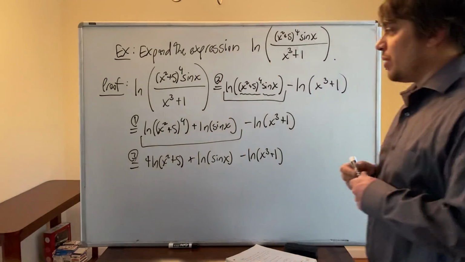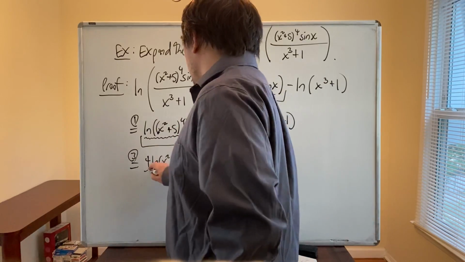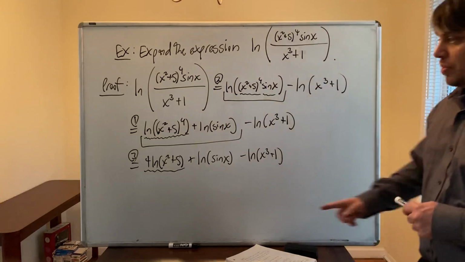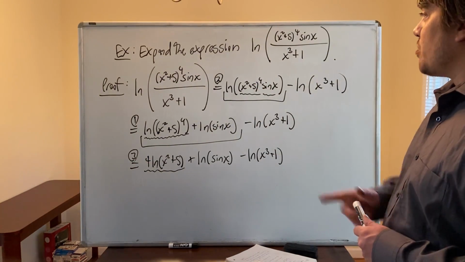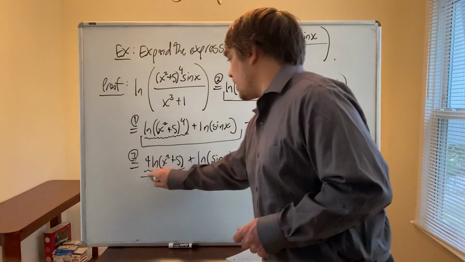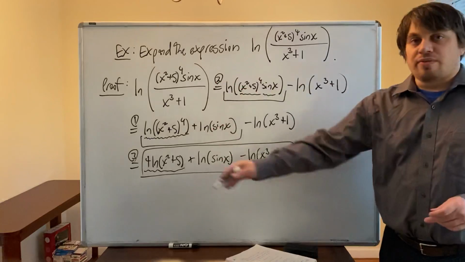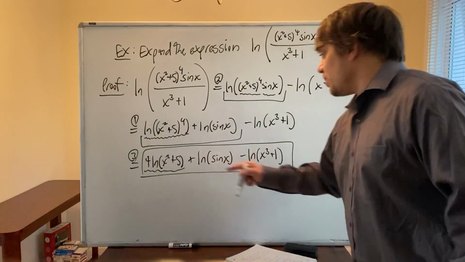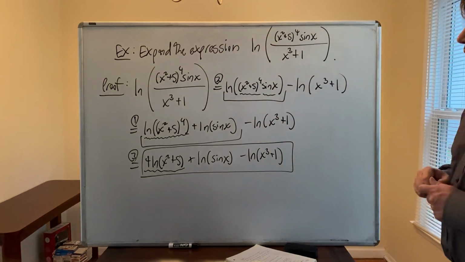So what I did was take ln of (x squared plus 5) to the 4th and make it 4 times ln of x squared plus 5 by property 3. And so now I've expanded that expression as much as I can. Ln of that fraction is equal to 4 times ln of x squared plus 5, plus ln of sine x, minus ln of x cubed plus 1. Okay, and that's expanded as much as possible.